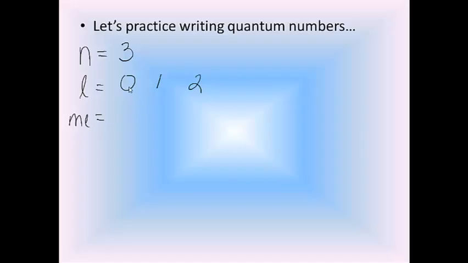M sub L, when L is 0, M sub L is 0. When L is 1, M sub L is -1, 0, +1. When L is 2, M sub L is going to be -2, -1, 0, +1, and +2.